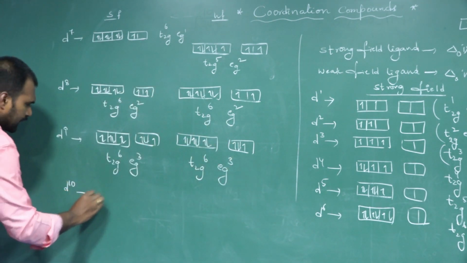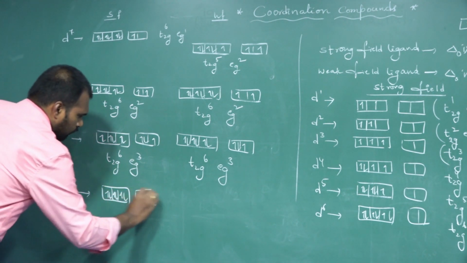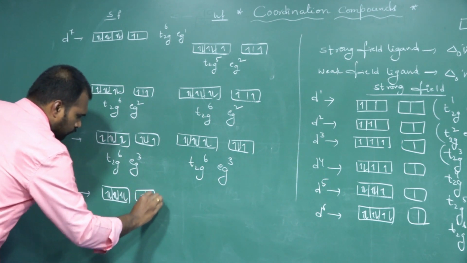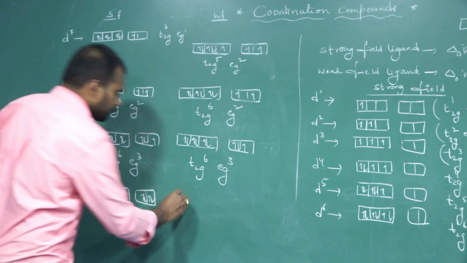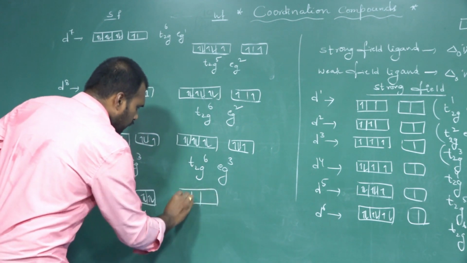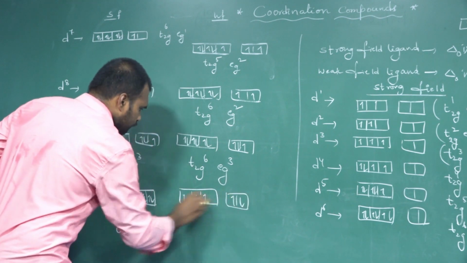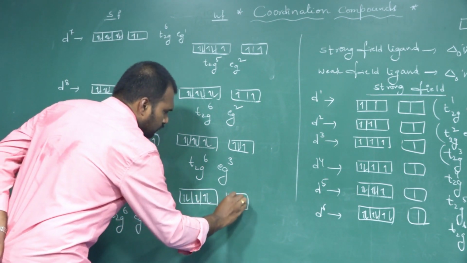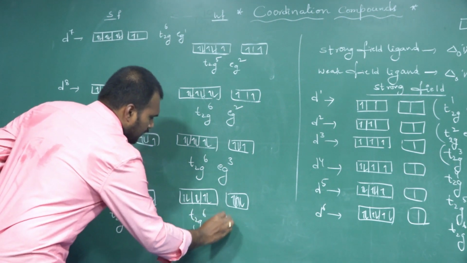And finally the d10 configuration, that is t2g6, eg4. In weak field also the same, 1 to 10. So that is t2g6, eg4.